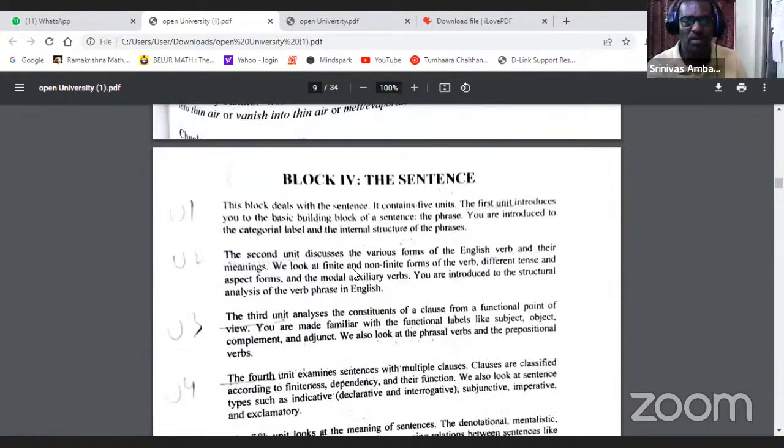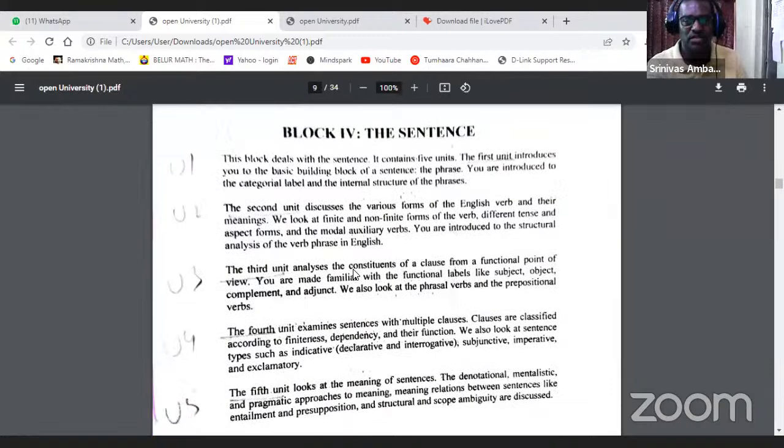Now we move on to block 4, the sentence. What you should refer to for the examination, see very clearly as given. In block 4, you have units 1, 2, 3, 4, 5. Every unit is clearly given. Casually you can read it. It talks about the building blocks of a sentence: phrase.